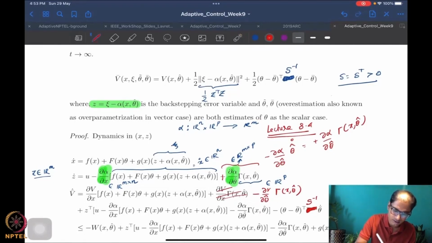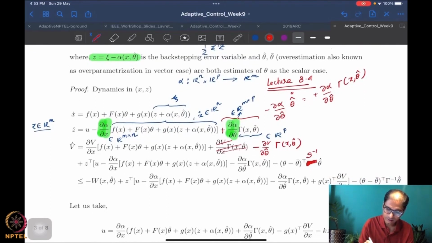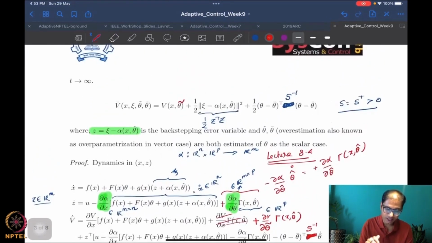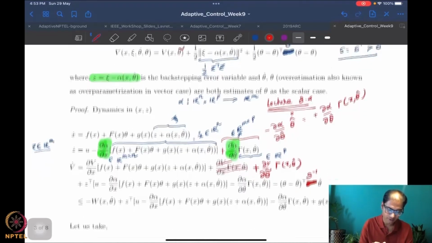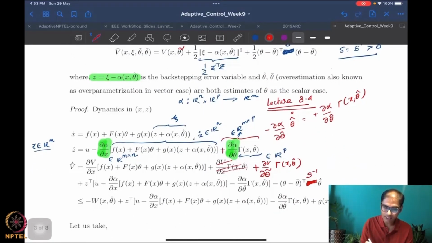I apologize. So this is fine. So v was a function of theta tilde, in fact, so that is okay. Then the second partial is in fact with respect to theta tilde, and then this is theta tilde dot, which is just gamma.